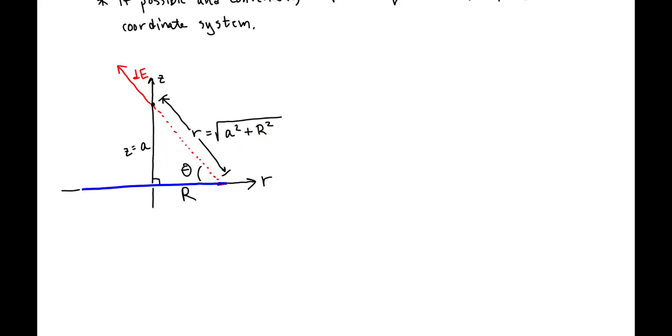So now that we have our coordinate system drawn, let's remember that the tiny representative charge element we're working with is k over r squared dq. We have r, and that's lowercase r, the distance from the representative charge element to the point we're interested in. We have that distance represented in terms of polar coordinates, the a squared and the r squared.